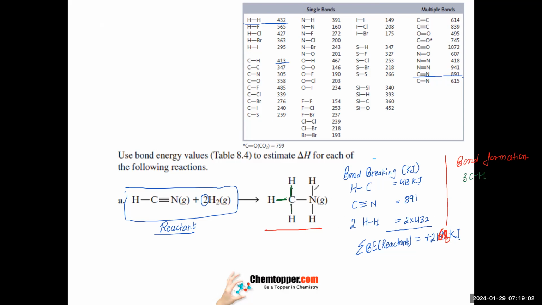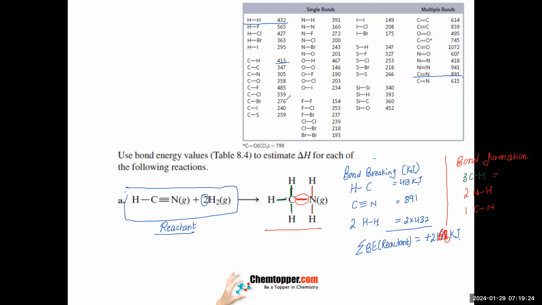How many nitrogen hydrogen? 1, 2. 2 nitrogen hydrogen. One more. And I think somebody is mentioning, Saranya. She is saying, take this also. This is also formed.